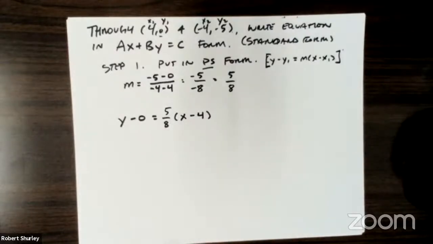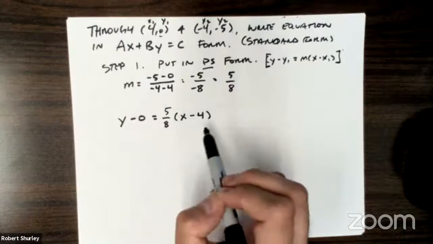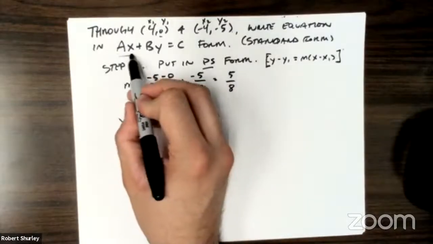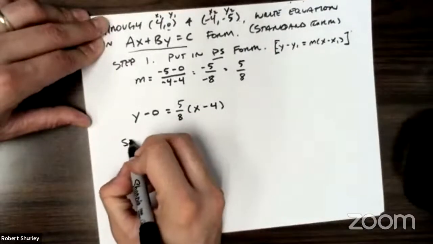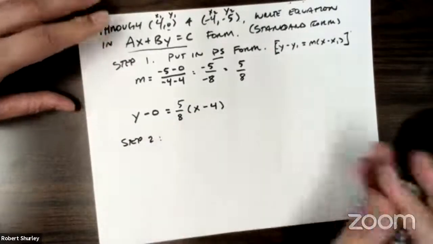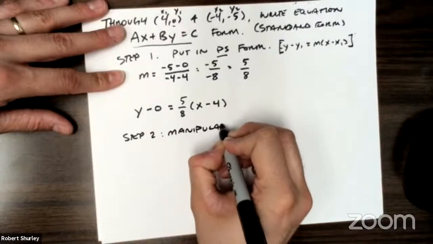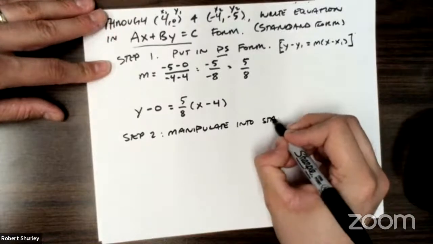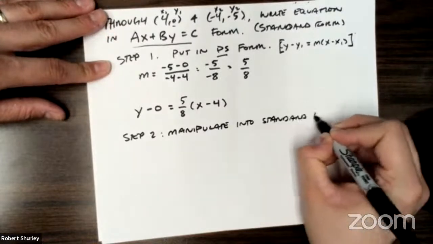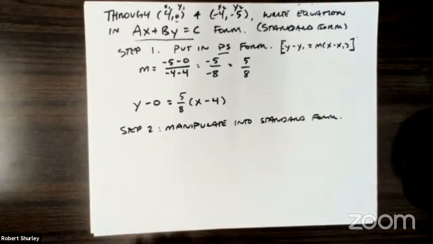That is done. So now step 2, we're going to have to manipulate this into ax plus by equals c. So I'm going to write that down: manipulate this thing into standard form.